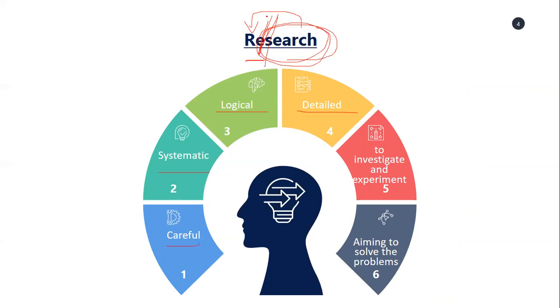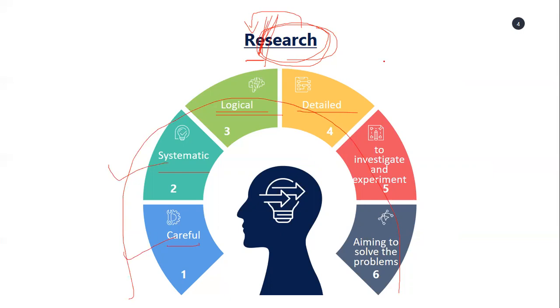It means they will start searching for the information again, very carefully, systematically and logically. It means there will be some scientific way of finding a purpose for that study, in a detailed way. With the help of all this, they will investigate and experiment and aim to solve the problem. When this cycle gets completed, we say that research is done.